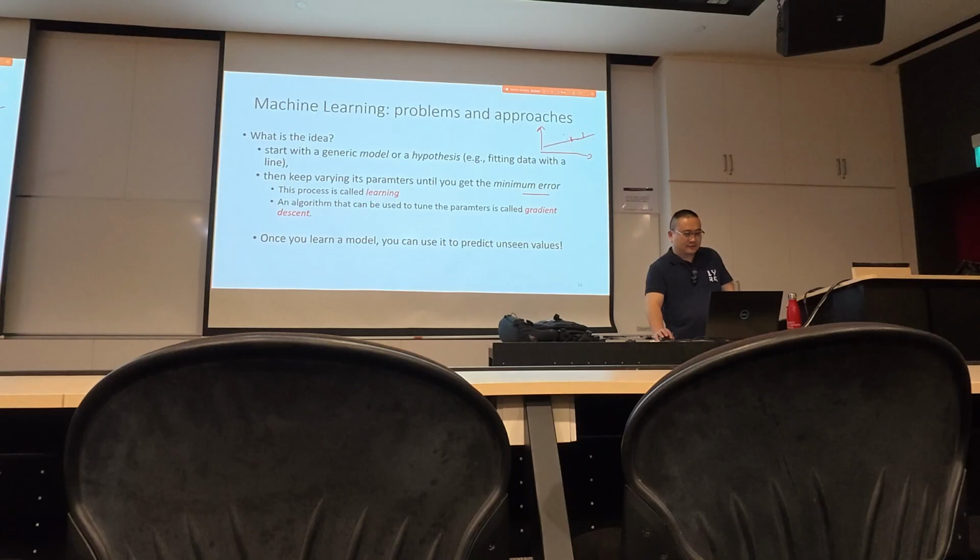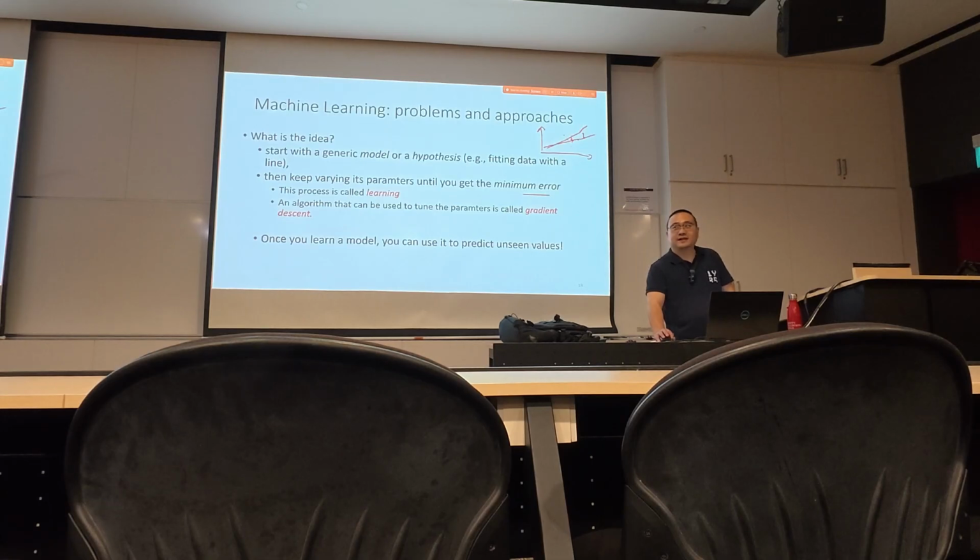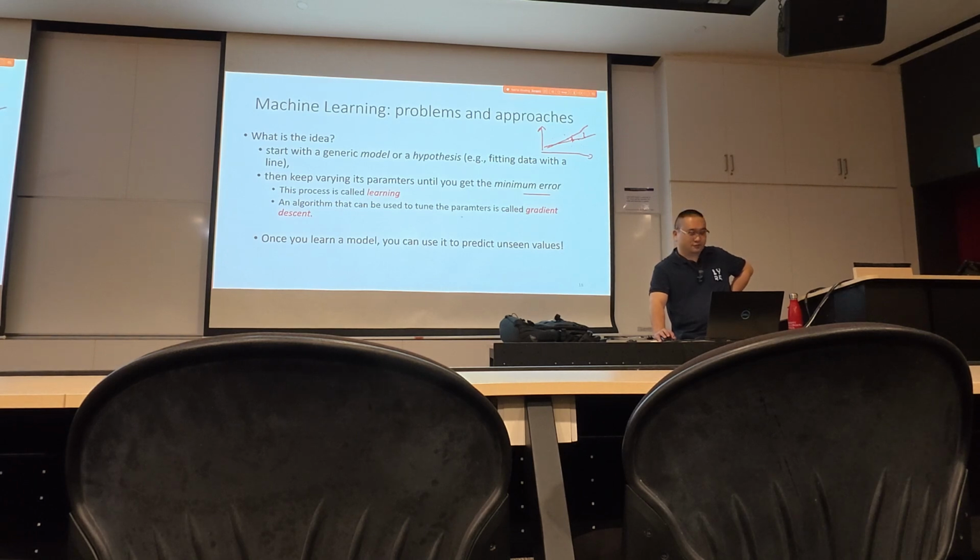And then you modify the parameters of the line to make the line fit the data better and better, such that the error made by the line is the minimum. After you reach the minimum error, the model is well trained. And how do we tune the parameters? This is done by the learning algorithm. Soon we'll discuss a learning algorithm called gradient descent. And once you have trained the model, you can use the model to make predictions on new values.